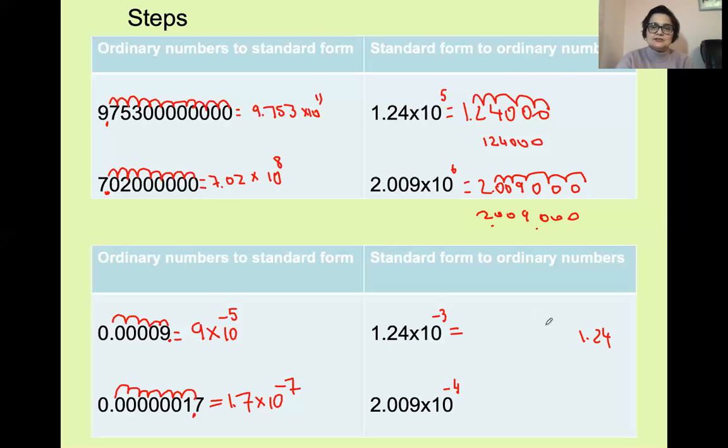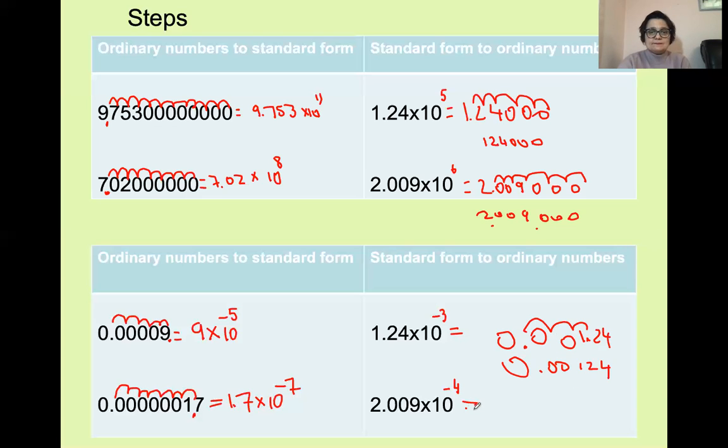So we need 3 digits. So 1, 2, 3. So 0, 0, place the new decimal point, and then rub the old decimal point out and rewrite the number again, 0.00124. This is our new number.